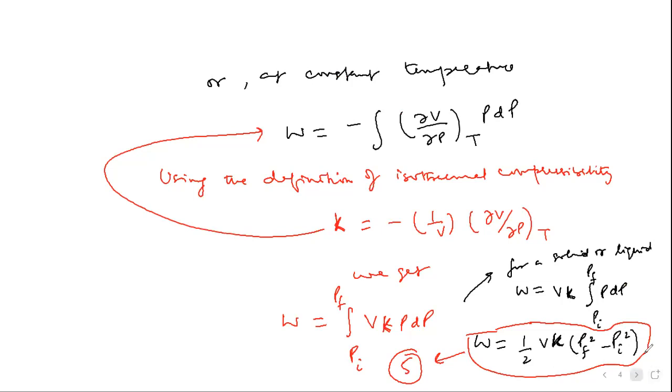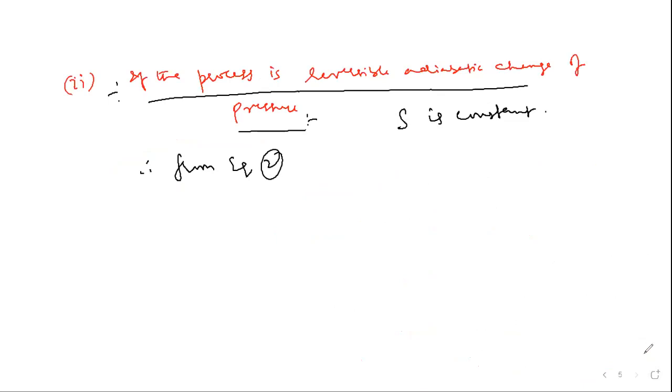Let us move. So I have to put TdS 0. What will I get? I will get Cp dT minus T dou V by dou T at constant P dP is equal to 0. We are using the second equation. Cp dT minus T dou V by dou T at constant P dP is 0.